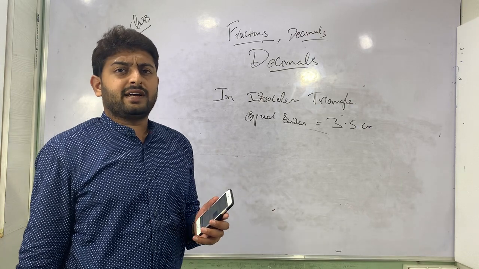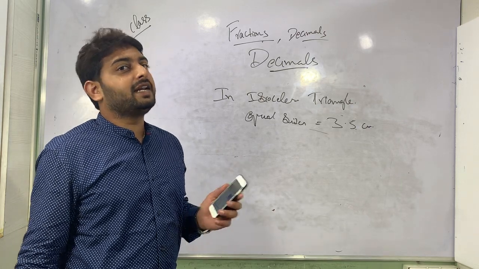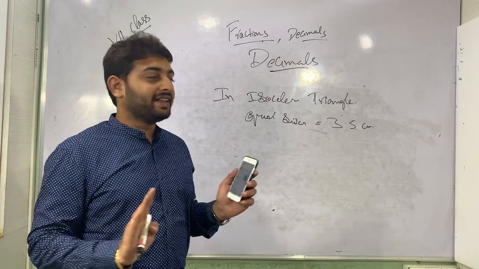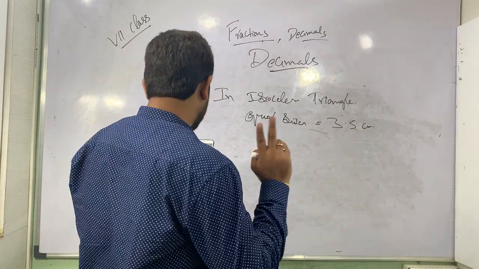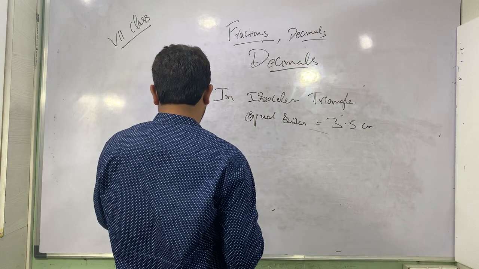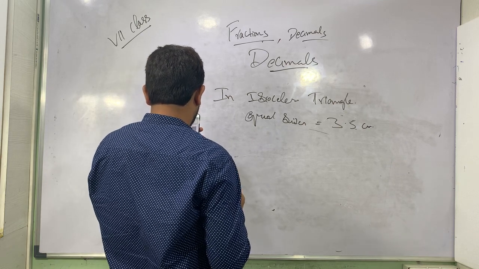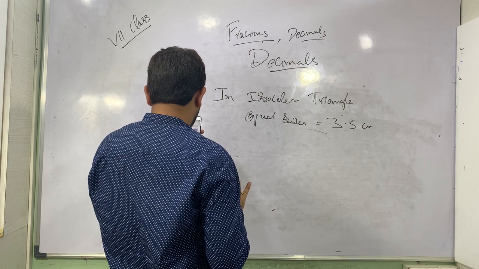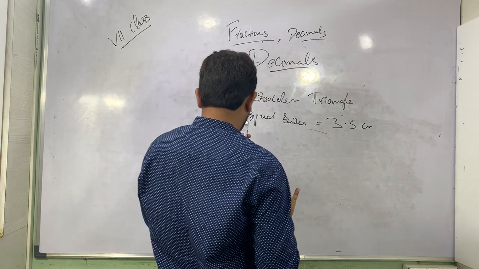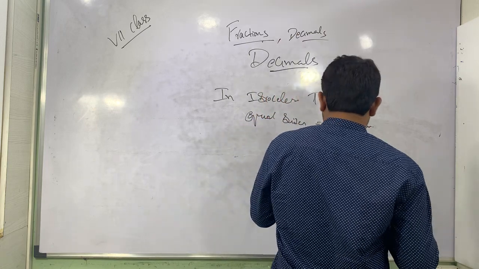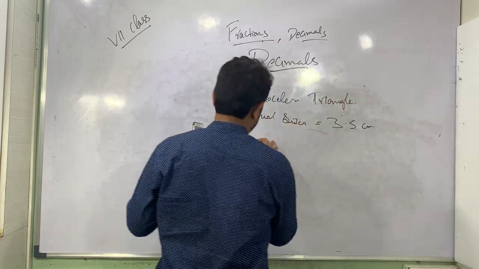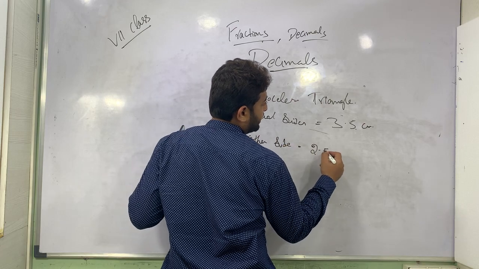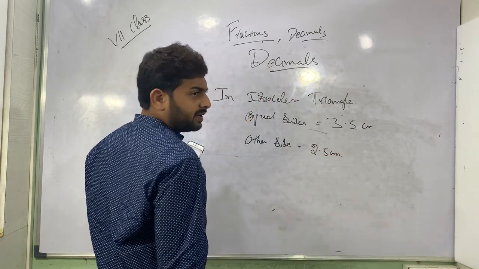What is an isosceles triangle? In a triangle where two sides are equal and the other side is not equal, that is called an isosceles triangle. So only two sides will be equal in an isosceles triangle. And the other side is 2.5 centimeters.